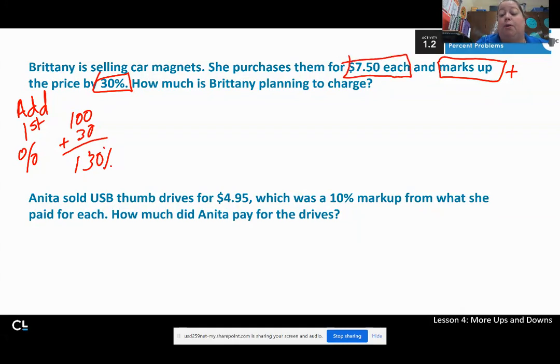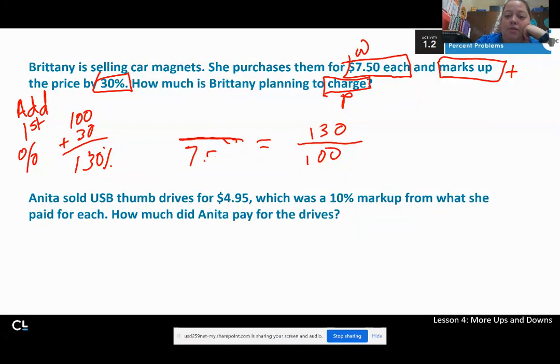$7.50 each. She purchases that. So that's going to be your whole. Your part is going to be how much she charged. So you notice when we do markup, the part is always going to be more expensive than the whole. Okay? So if we do this, we do 100, and then this will be 130. And you notice that that is more than 100, because again, it should match up. 100% of what she has to pay is $7.50.